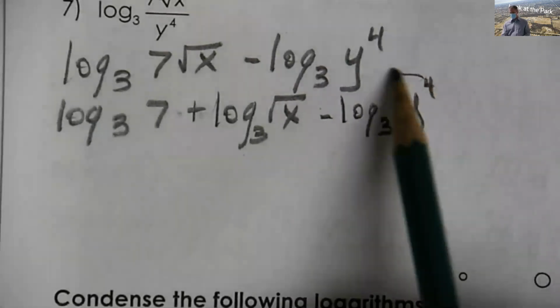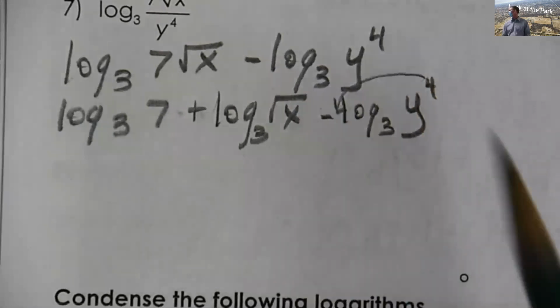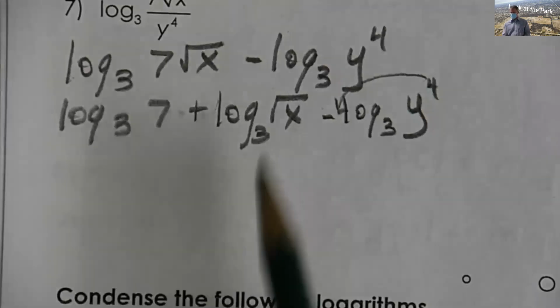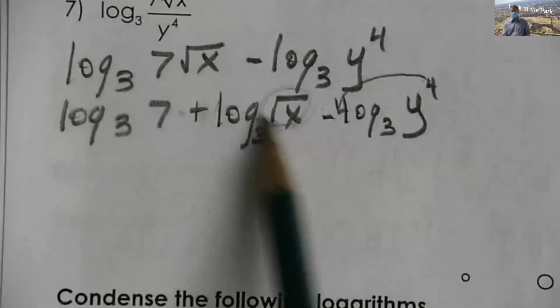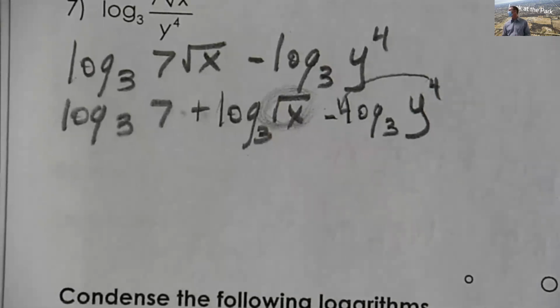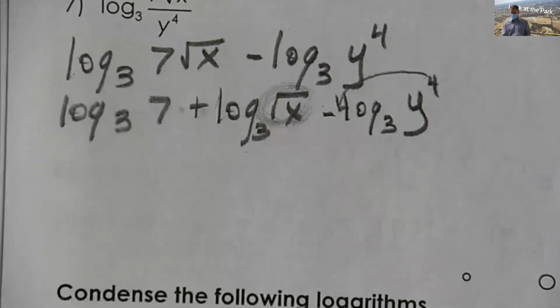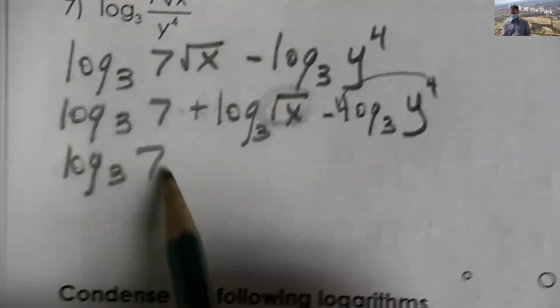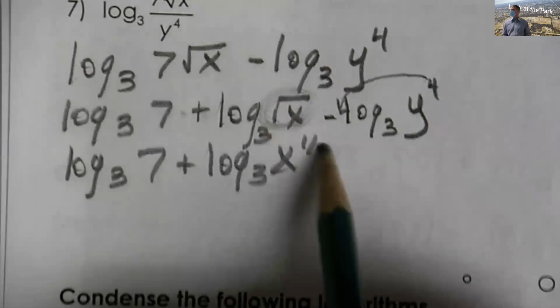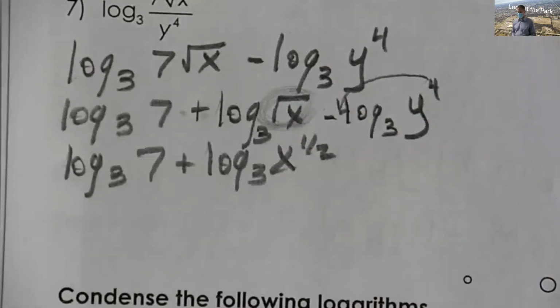We can write our exponent in front of the logarithm. But what can we do with this square root? Can a square root be written in a different way? Is there an exponent that represents a square root? x to the half power, that is the same thing as the square root.